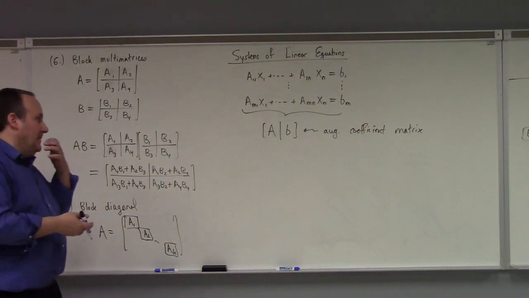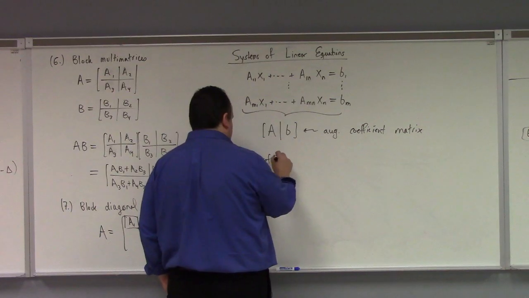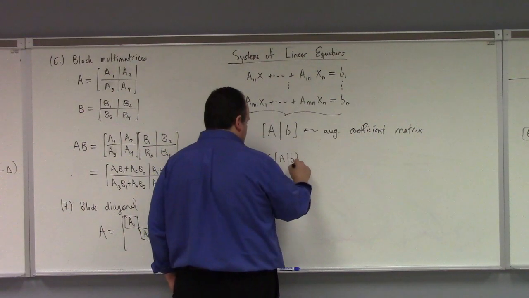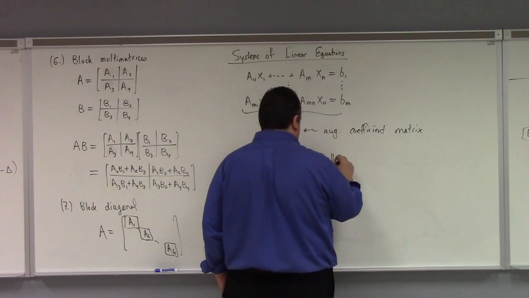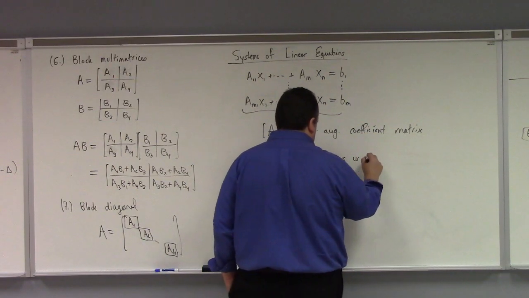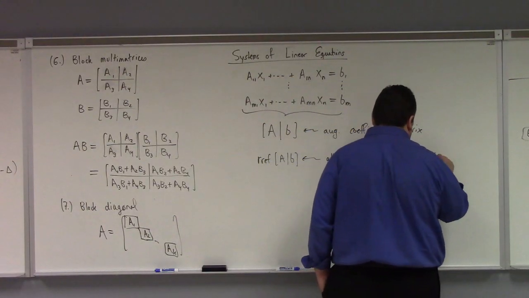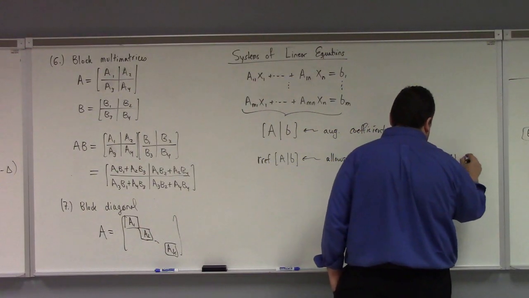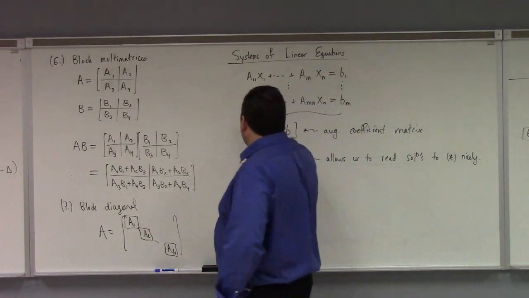We learned that if we calculate the reduced row echelon form of the augmented coefficient matrix, this allows us to read solutions to star nicely in a standard way, right?